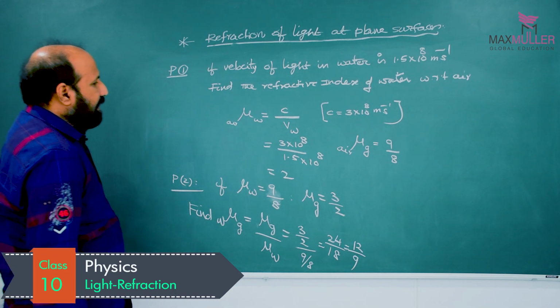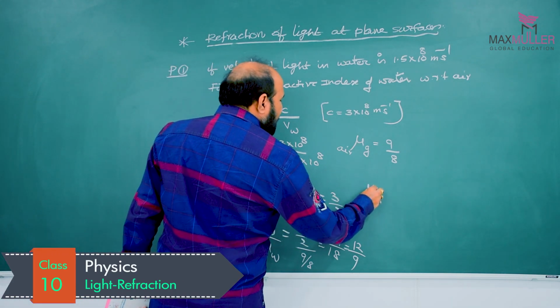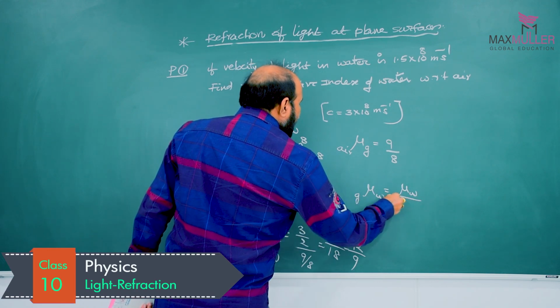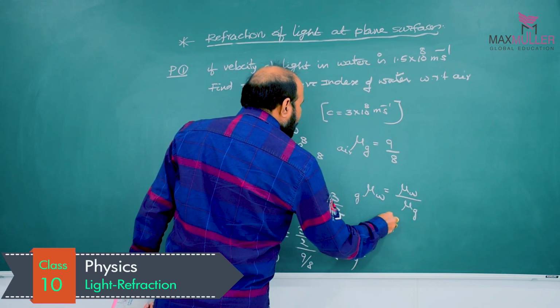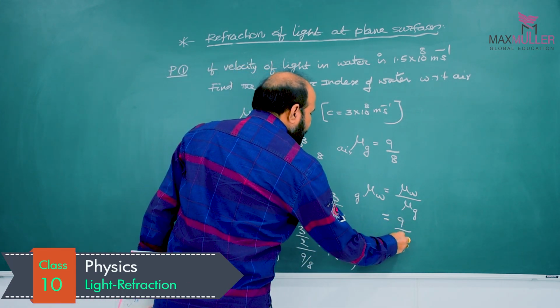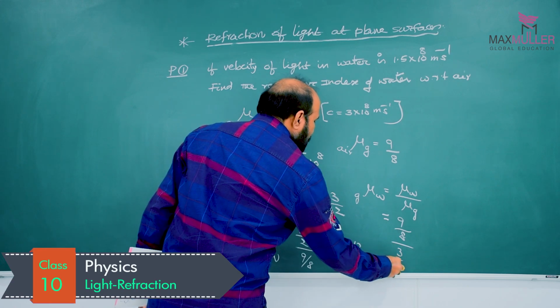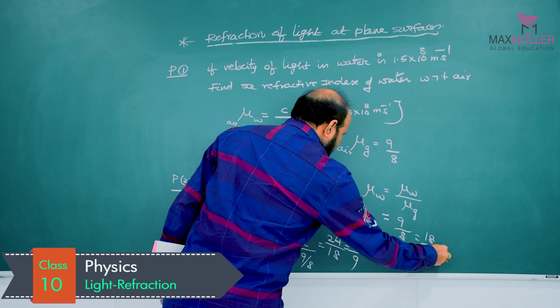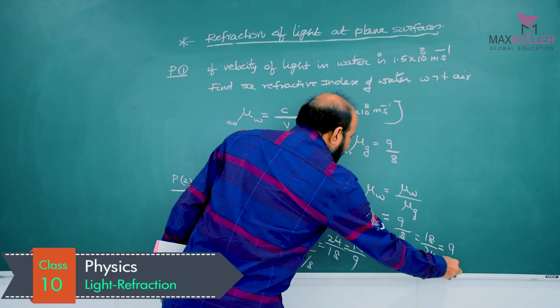If you want to find the refractive index of water with respect to glass, refractive index of water by refractive index of glass, mu of water is 9 by 8, mu of glass is 3 by 2. This is 18 by 24, that is 9 by 12.